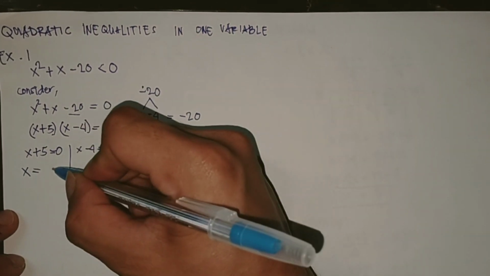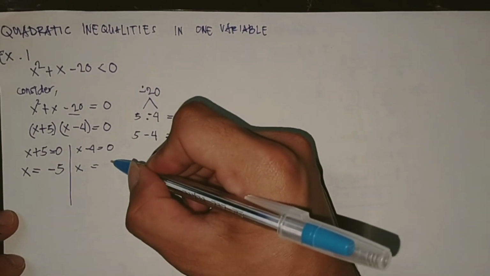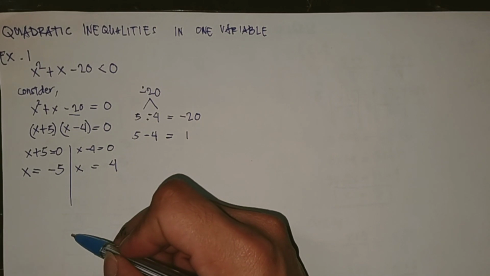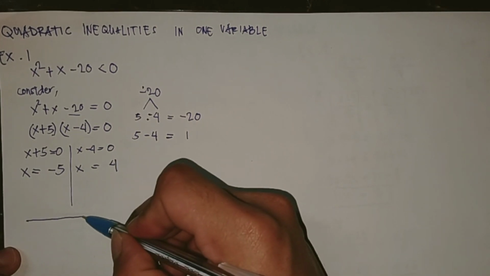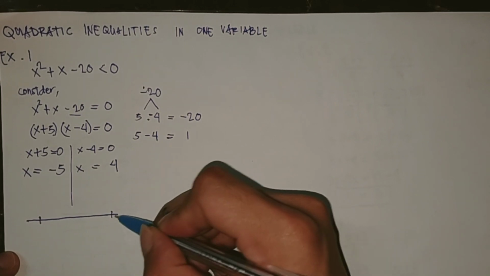We have the first value, x is equal to negative 5, and the second value of x is equal to positive 4. Let's make a graph and plot the critical points.